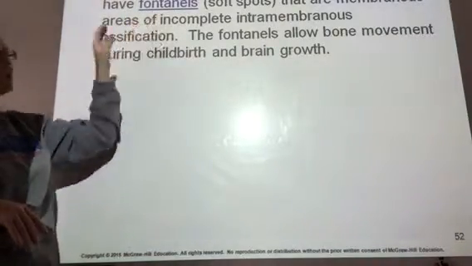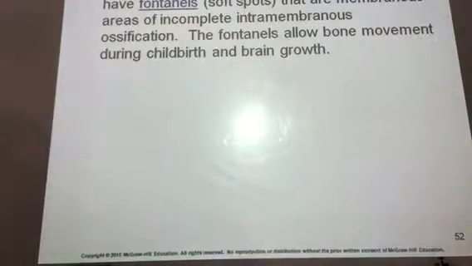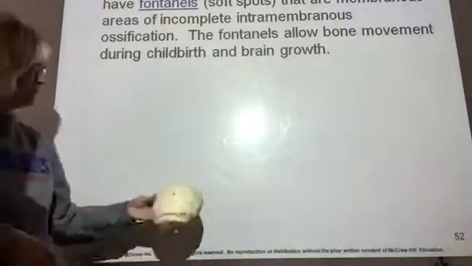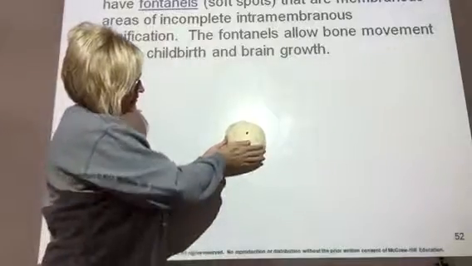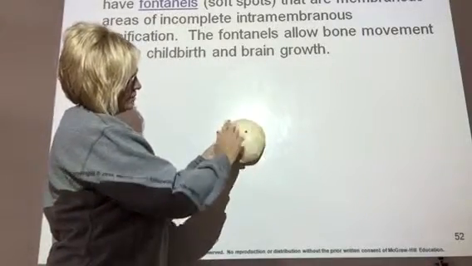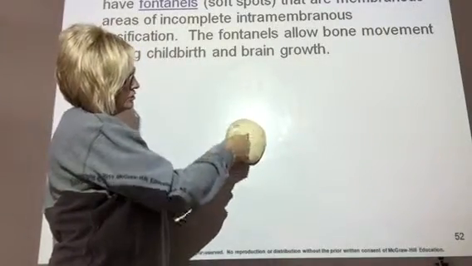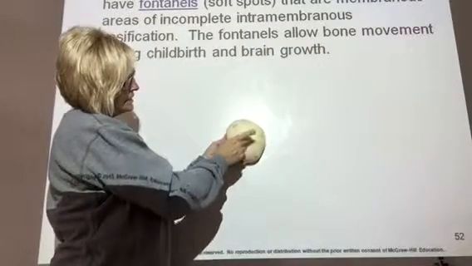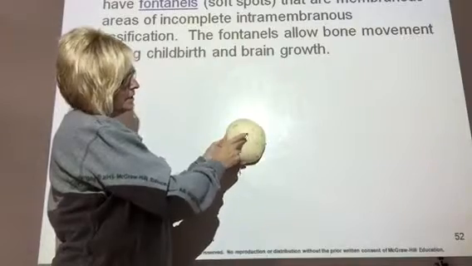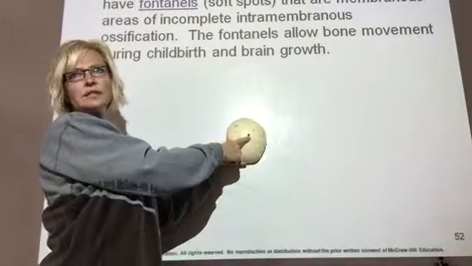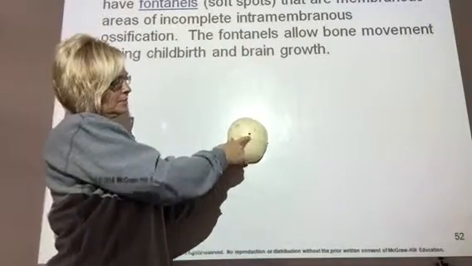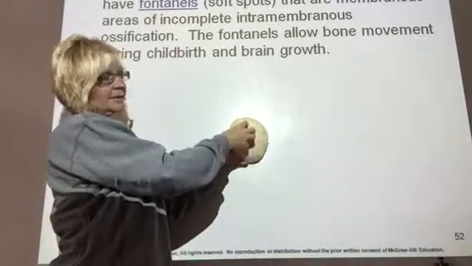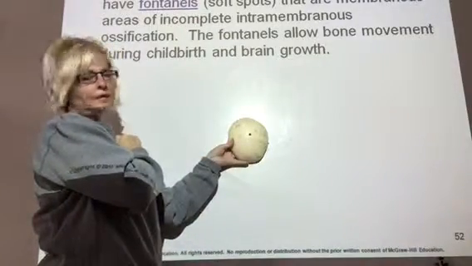So when your skull is forming, if I look at the top of the skull here, here's my frontal bone, here's my two parietal bones, here's my sagittal suture, here's my coronal suture. Basically, this area right here is probably the largest fontanelle. So it's where those sutures are going to come together, but they have not completely formed yet.